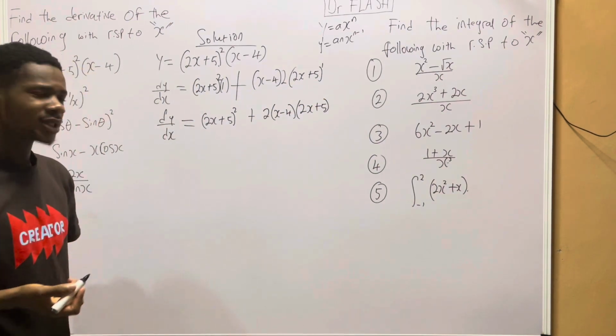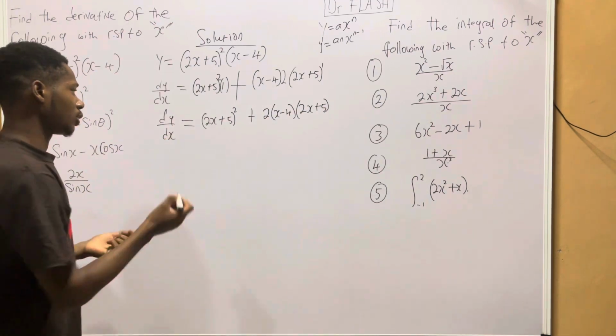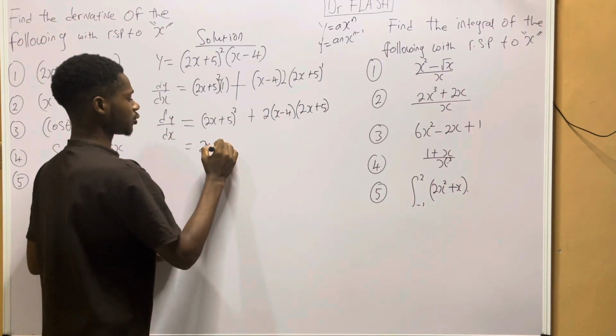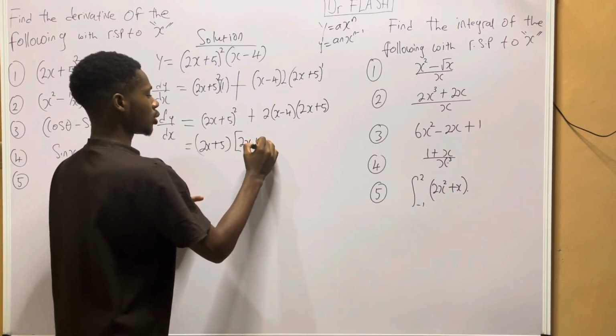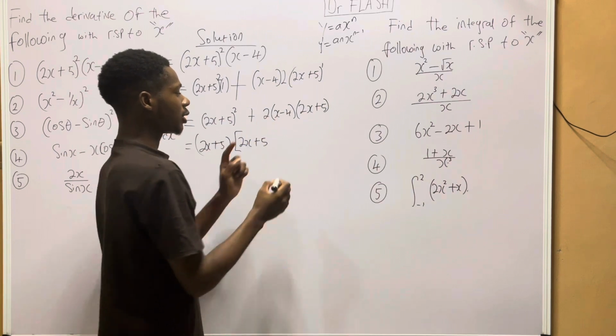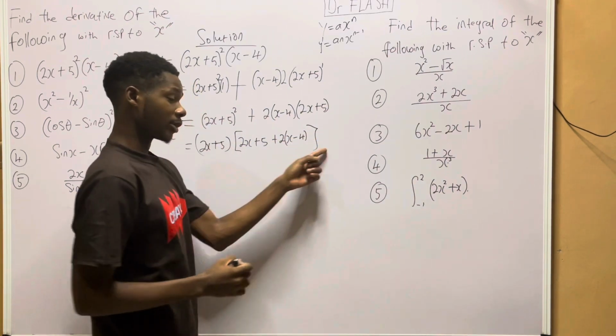Now, even before expanding, I can see that I can actually factorize that 2x plus 5, which is common on both sides. So if I do that, I'm going to get 2x plus 5, okay? And what will be left there? 2x plus 5, okay? Now what will be left there? Plus 3 into brackets x minus 4, of which we can now expand this guy.